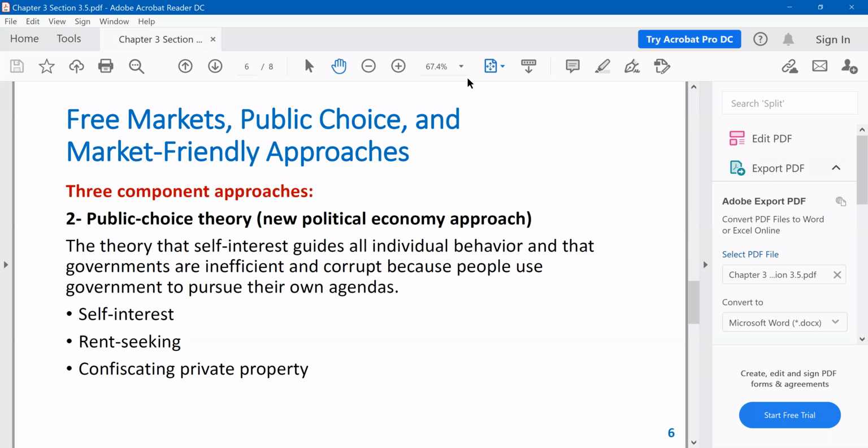Now, the second approach is public choice theory. When we say political economy, we basically refer to Smith, Ricardo, Marx, Malthus, Mill, right? Those people. So those were political economists, the earliest political economists, right? When we say public choice theory today, what we mean is new political economy, right?